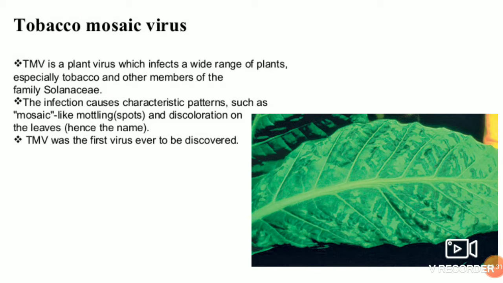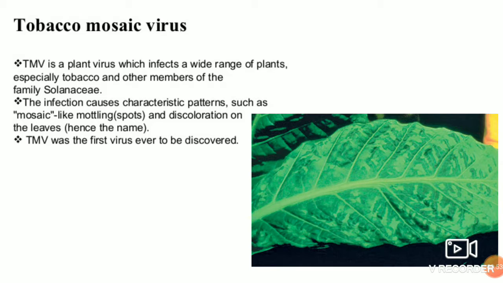TMV was one of the first few viruses to be studied, because of the Chamberlain filters. Dmitry Ivanovsky, whom I mentioned under classification of viruses, found that after filtering the sap through Chamberlain filters, it was still infective.